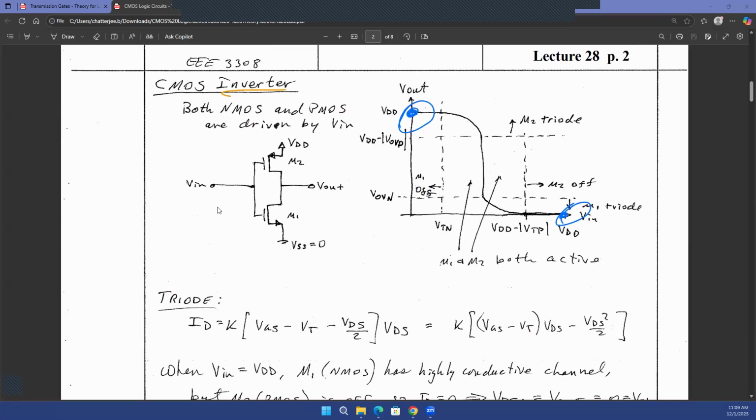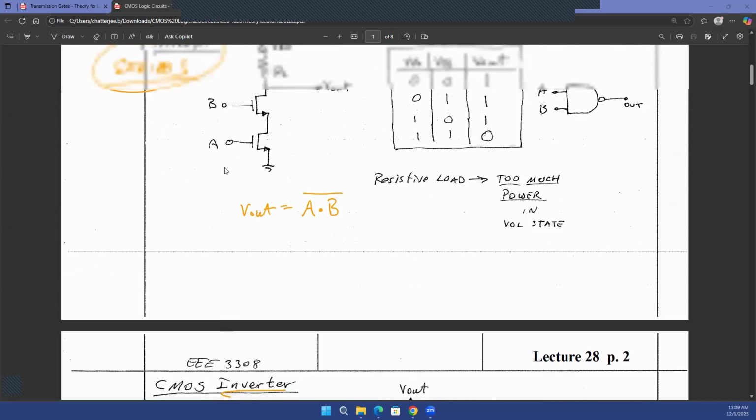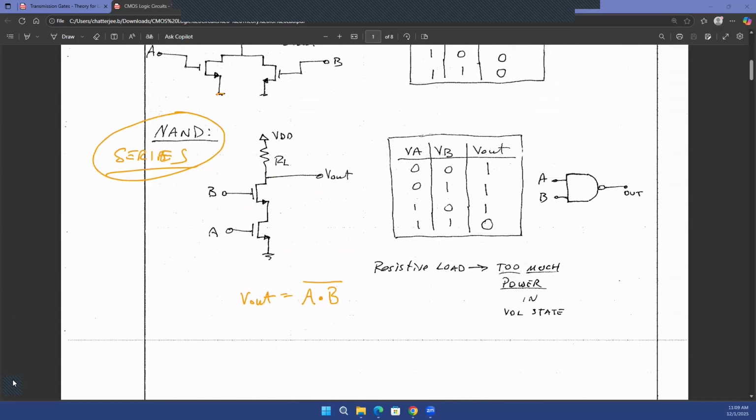However, as you saw for the CMOS inverter, you use both the NMOS and the PMOS. What is the advantage in that case by using both the NMOS and the PMOS? The advantage in that case is here, as you are discharging the capacitor, you are eventually putting all the charge to ground.